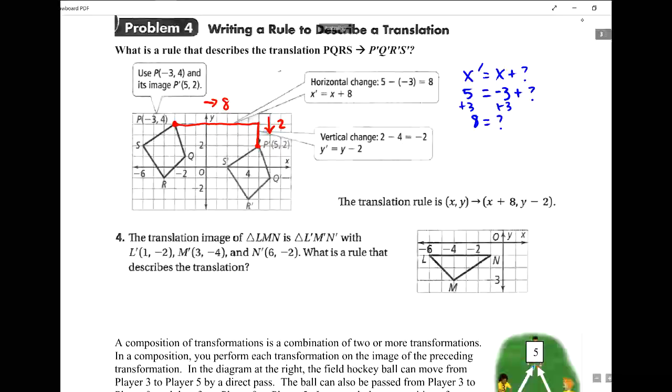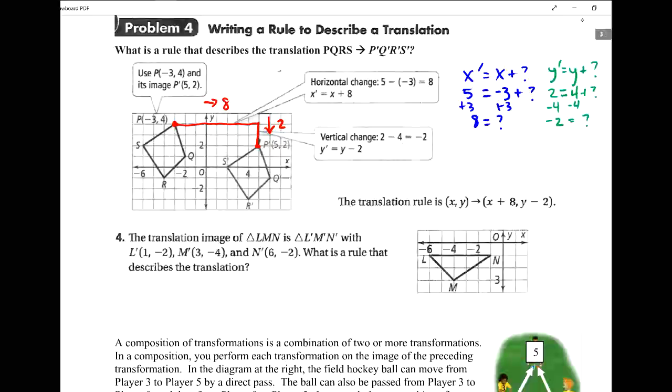Y can be done the same way. Y prime equals y plus some number. It's really odd not to use variables there. Y prime is -2, y is 4, plus question mark. I subtract 4 from both sides. So -2 is my question mark for y, which is exactly what we found when we counted.